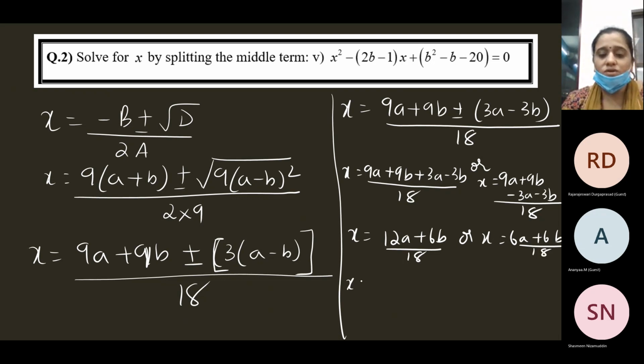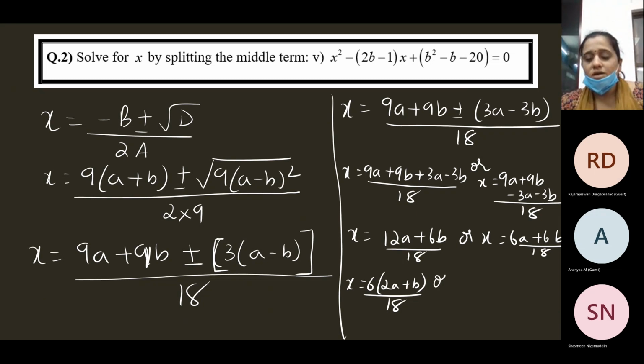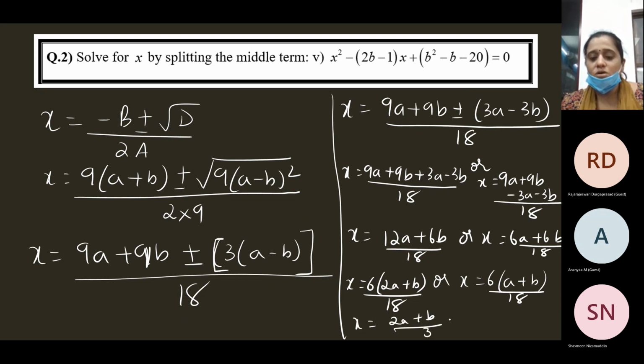So x is equal to 6 common, 2a plus b, by 18, or x is equal to 6 common, a plus b, by 18. So x is equal to 2a plus b by 3, or x is equal to a plus b by 3.